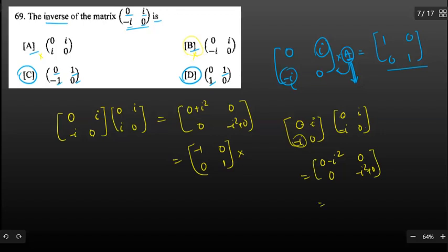And if you calculate this, this is minus I square. Minus I square is 1, 0, 0, and again it is minus I square, that is 1. So this gives us an identity matrix of the same order. So the correct option is option number B.